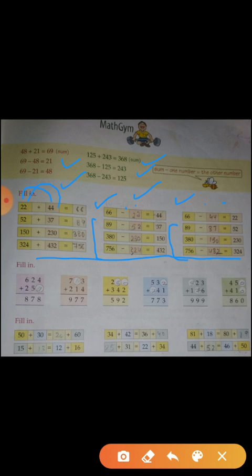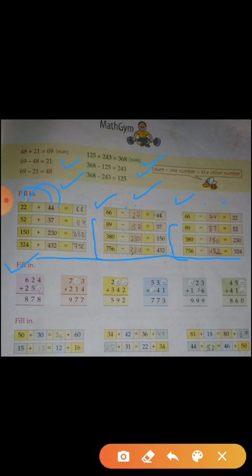Now come to the next question. 624 minus blank, and the total of these two numbers is 878.